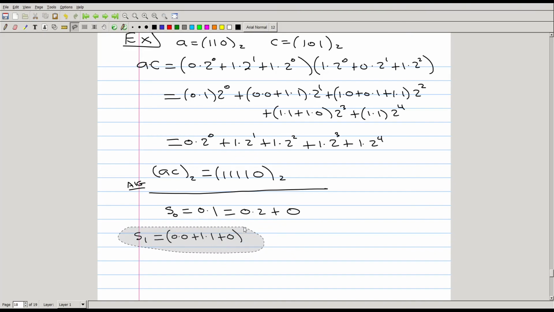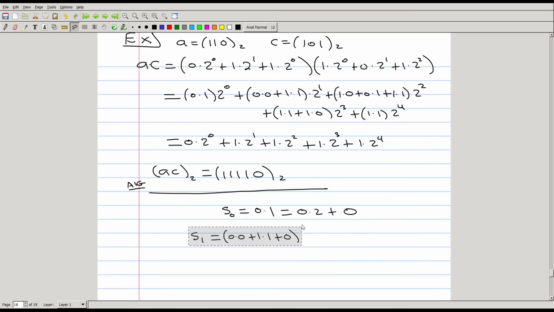And so this will be equal to number 1, which we know is going to be 0 times 2 plus 1.